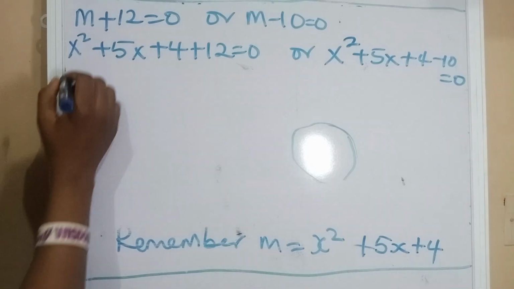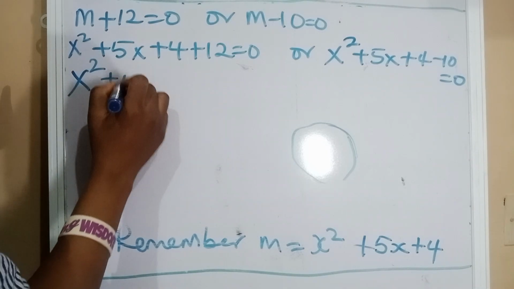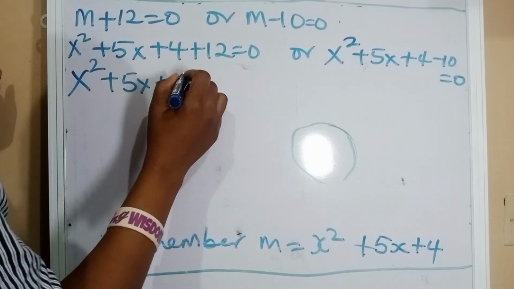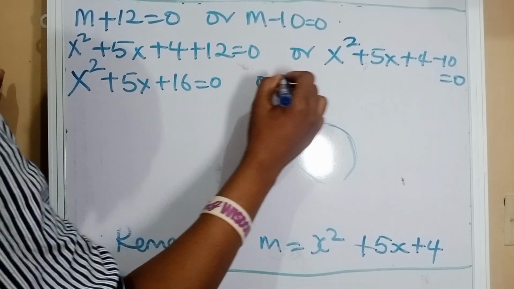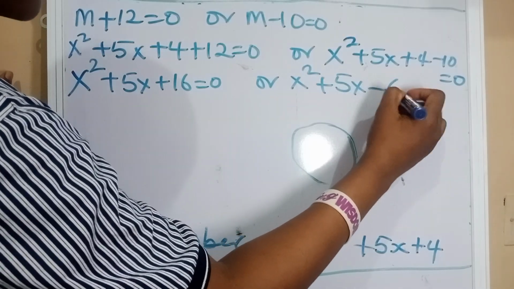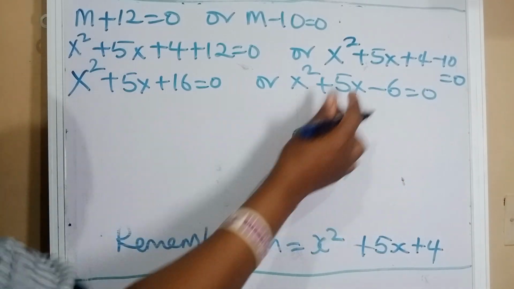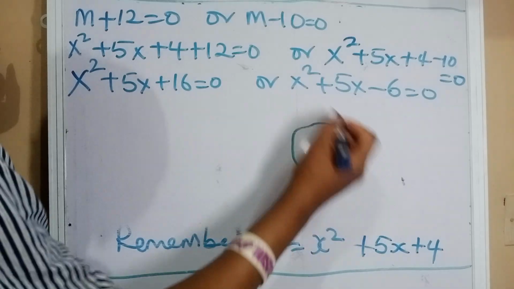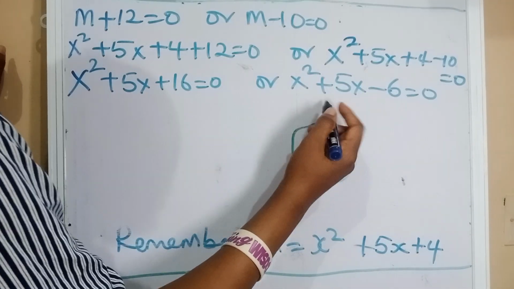Alright, so x squared plus 5x plus 16 equal to 0, or x squared plus 5x minus 6 equal to 0. So I think we can easily solve this one using the normal factorization method.